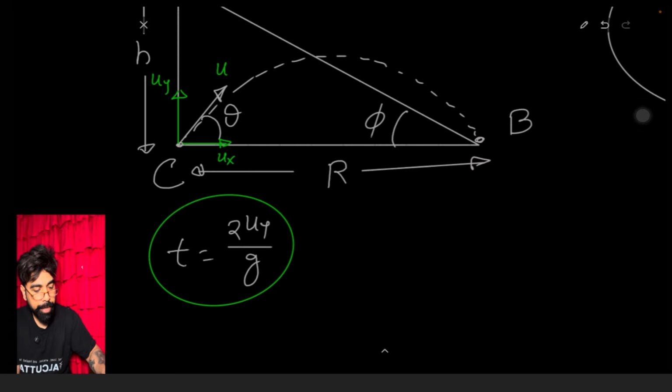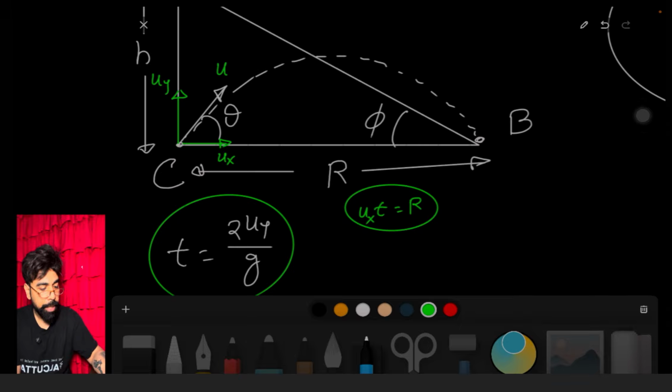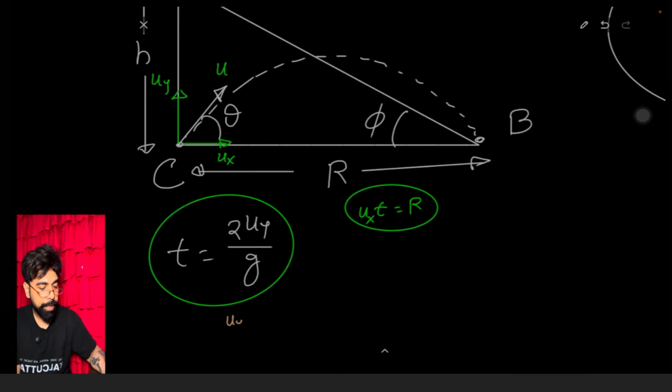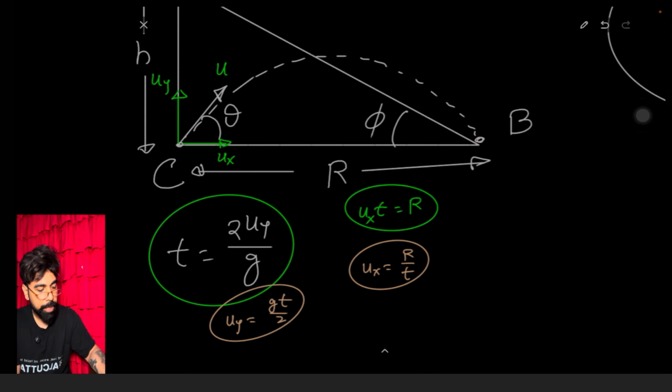So, I can write time of flight t equals 2uy by g, and also, by using the horizontal motion, ux into t is equal to r. So, I am getting uy equal to gt by 2, and ux is coming as r by t.